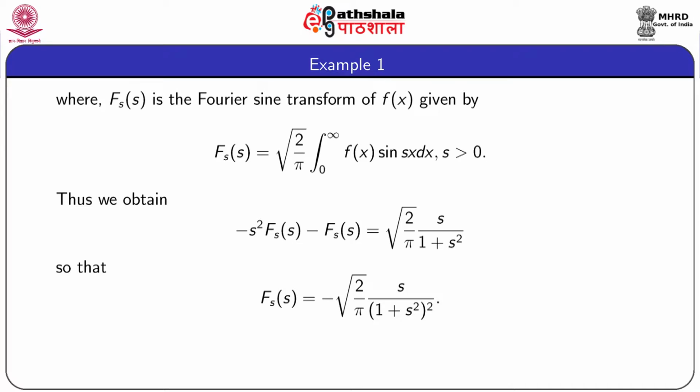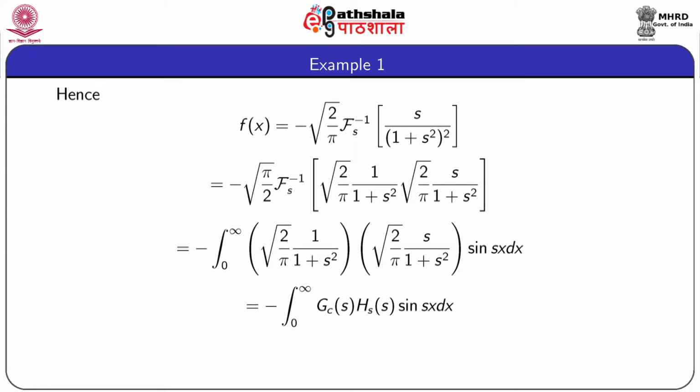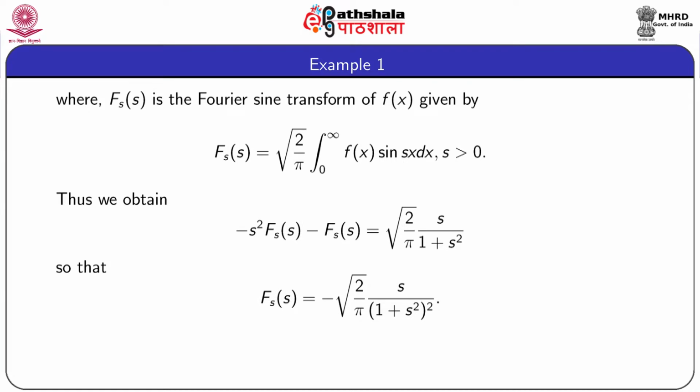Now, if I can find the inverse sine transform of the right hand side, then the inverse sine transform of the left hand side will give the unknown function f(x), and we obtain the solution of the given differential equation. So, the problem now boils down to finding the inverse of the right hand side of this equation.